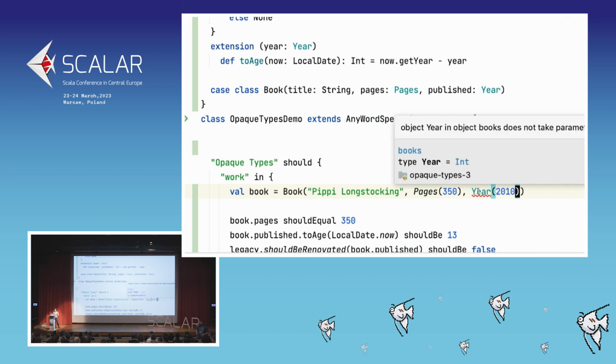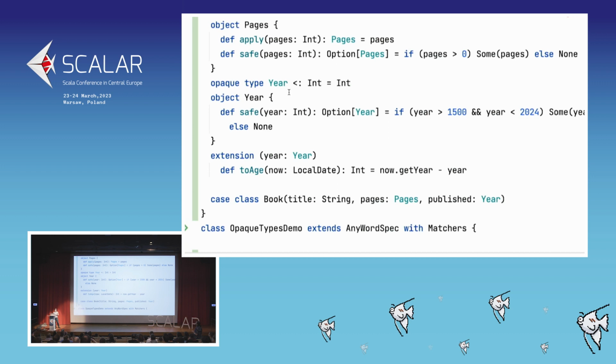No, because it's just this object Year. It's not really a class. It's not really a constructor. This is a companion object, but it doesn't give you the magic of, for example, the case class.